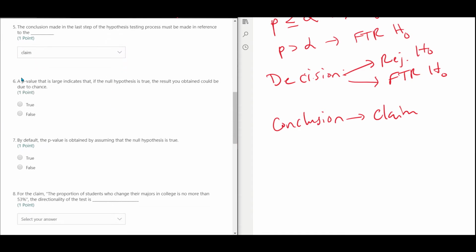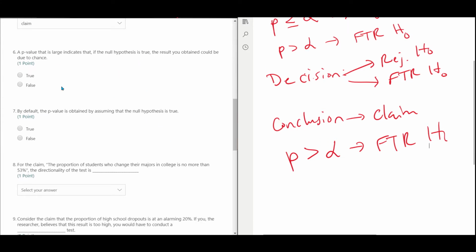A p-value that is large indicates that if the null hypothesis is true, the result you obtained could be due to chance. A p-value that is greater than alpha means you fail to reject the null hypothesis. Basically this is the definition of a p-value.